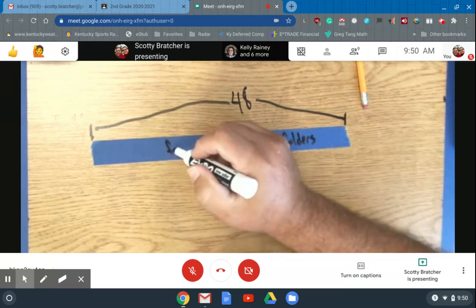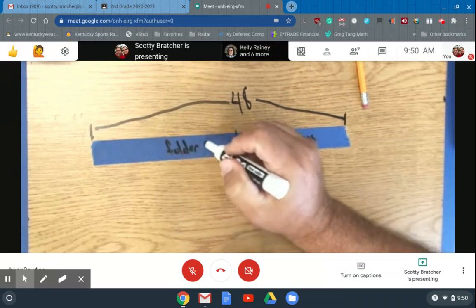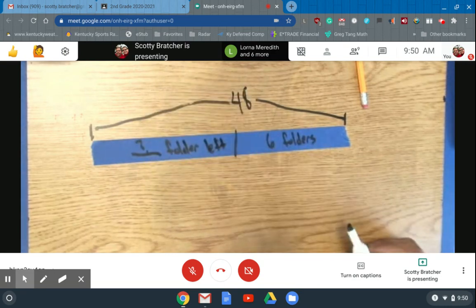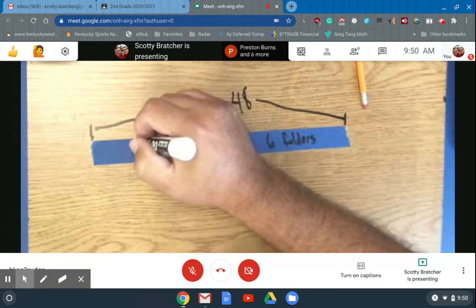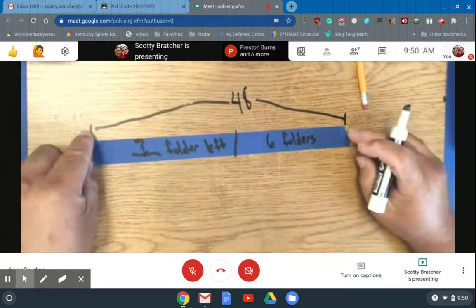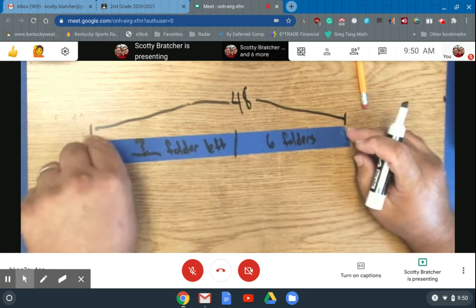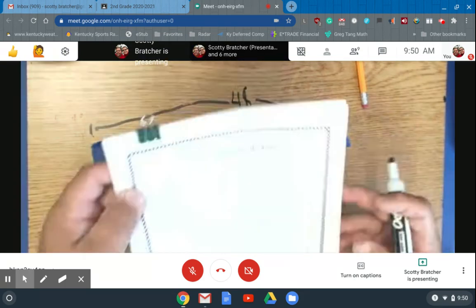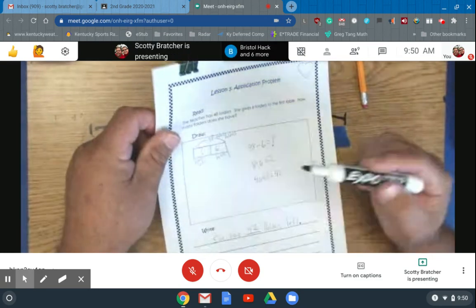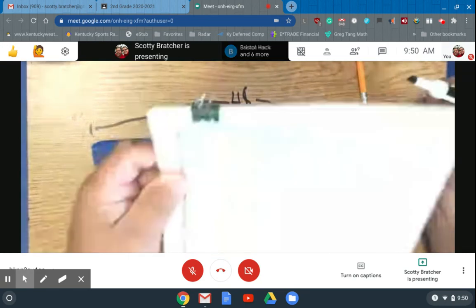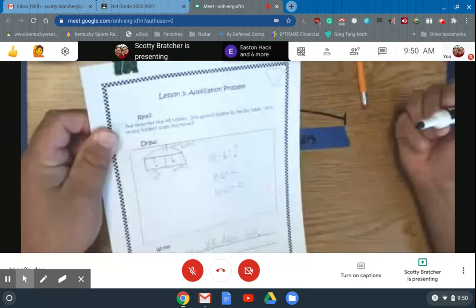And then we want to know how many folders are left. And I don't know, right? Here. That's supposed to be a question mark. I wrote it sideways. Sorry. So see how I put it on a piece of tape? Does that piece of tape kind of look like what I drew? So a tape diagram or a bar model is exactly the same thing.